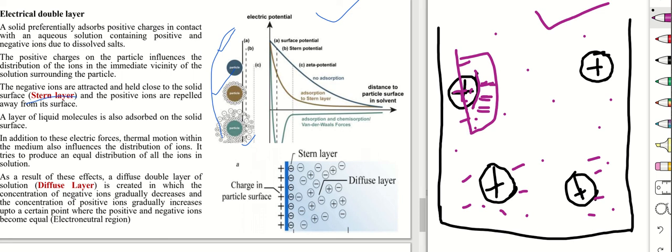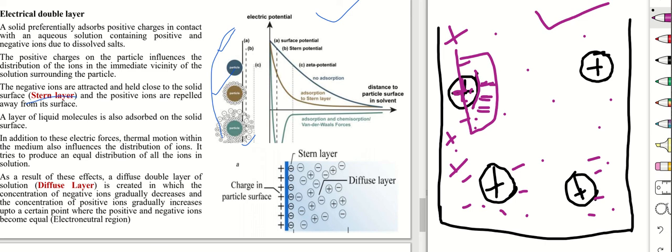This layer is a very tight layer. And at the same time the positive charges will be repelled from the surface. So a layer of the dispersion medium will be adsorbed onto the solid surface.